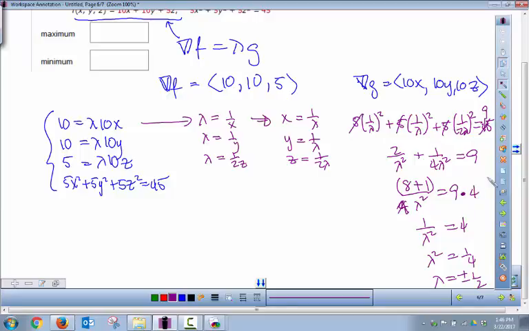All right, 1/2. We'll say lambda is equal to positive 1/2, and then we'll get some positive values. I don't think it'll make a difference. You get x is equal to 2, y is equal to 2, z is equal to 1.